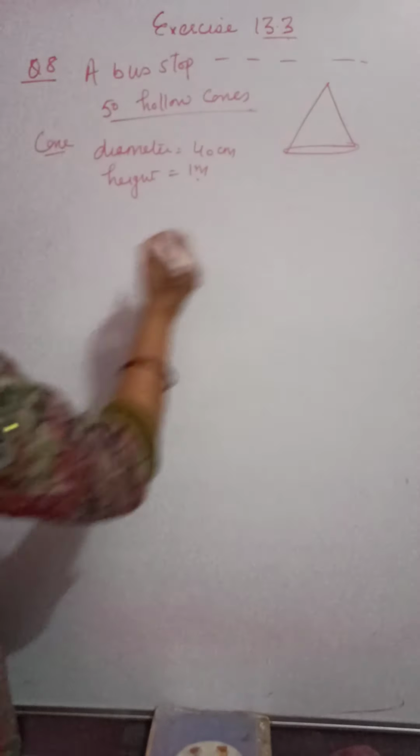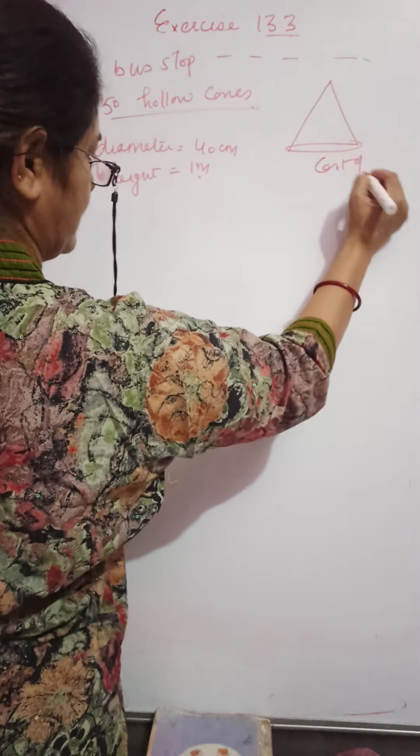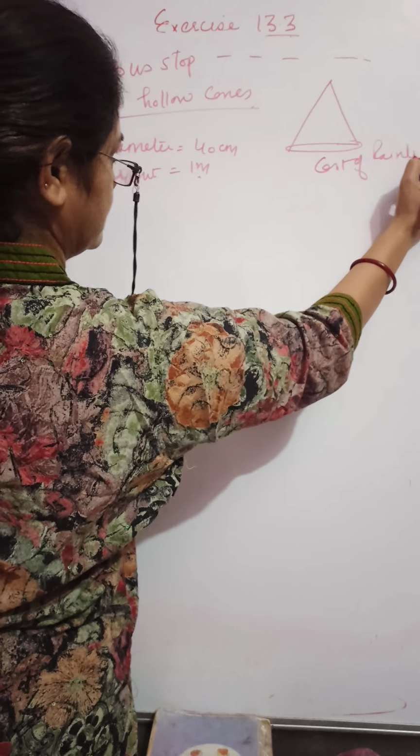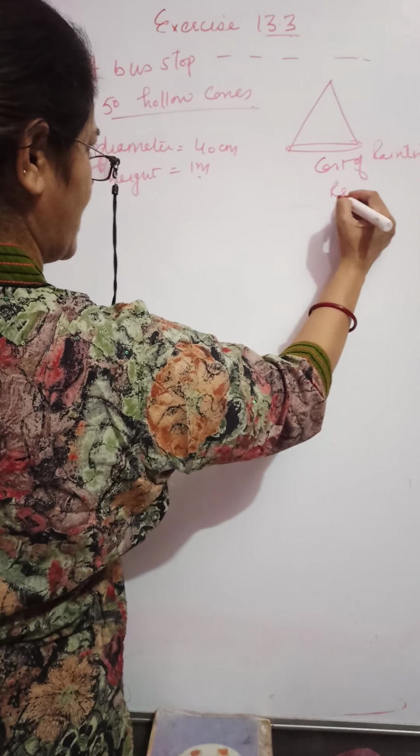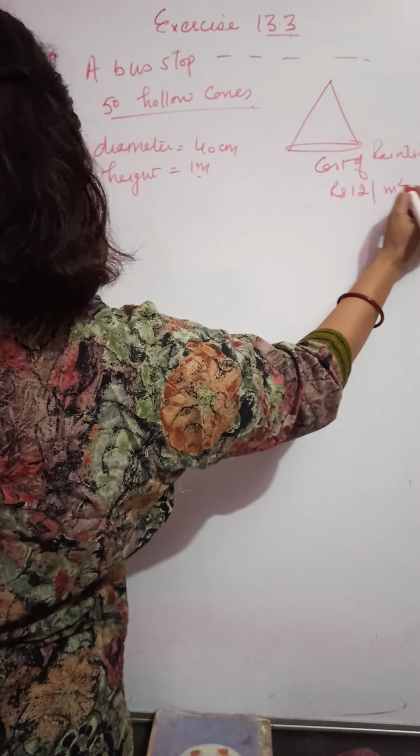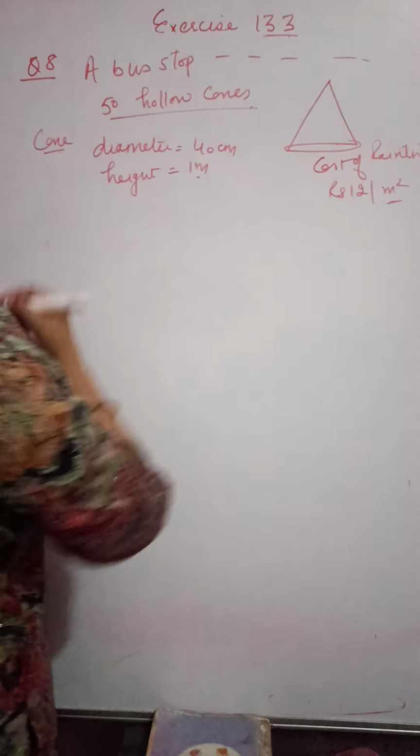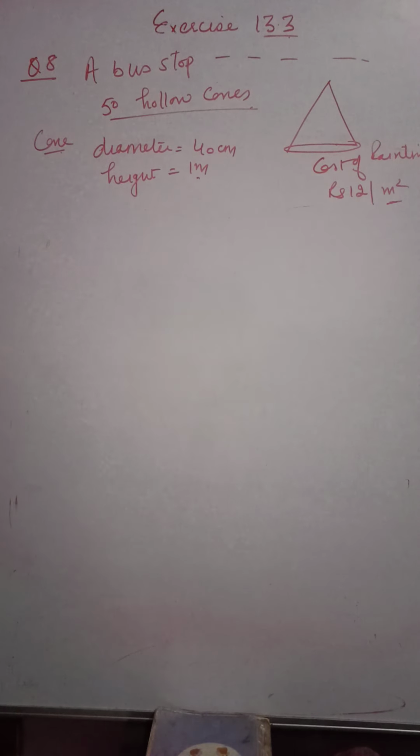These kinds of barricades are there. And the cost of painting is ₹12 per meter square. We have to find the cost of painting all the cones.